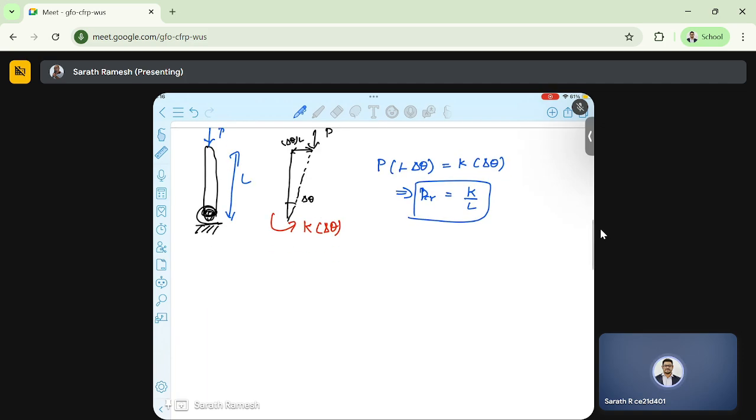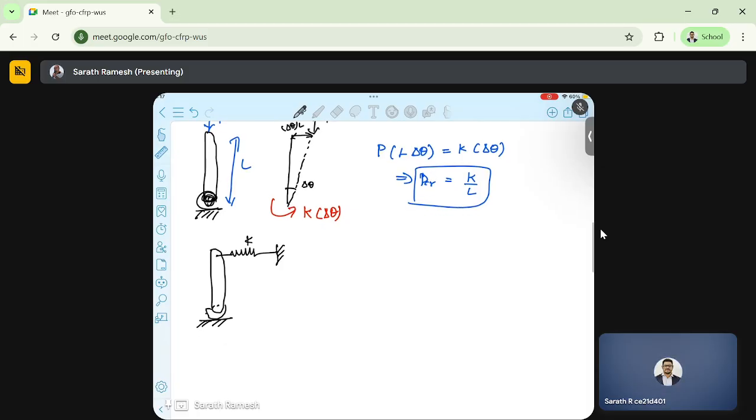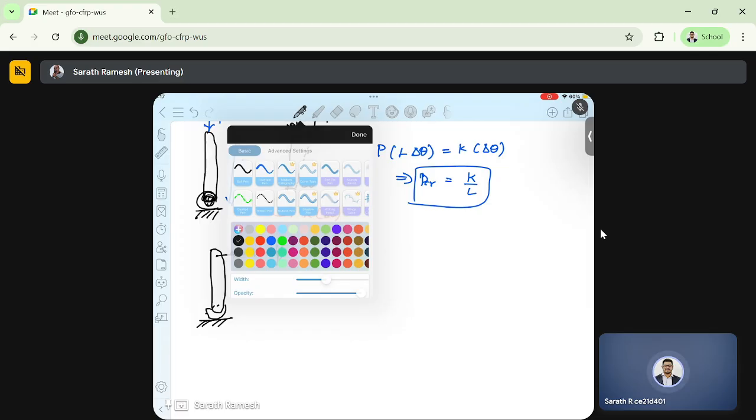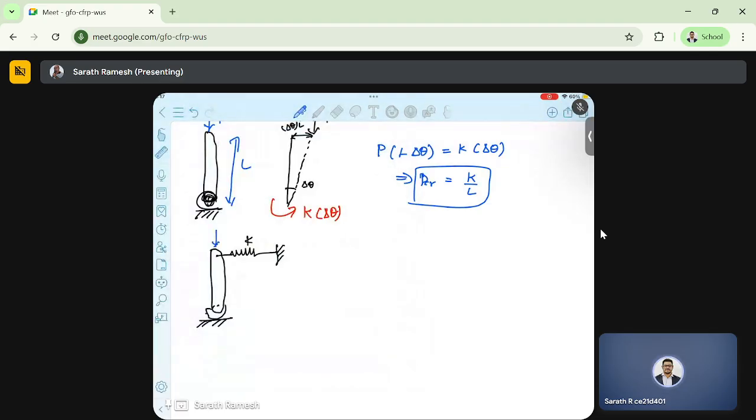Similarly, suppose we have a linear spring, say this length is L, and here there is a spring of linear spring stiffness K, and there is a load applied like this.